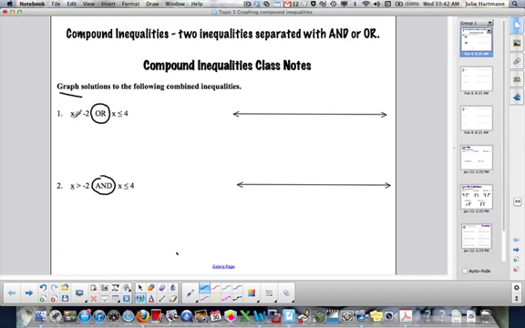Alright, so here, when we have x is greater than negative 2, let's look at what greater than negative 2 looks like. That's an open circle. Greater than is this way. Or less than or equal to 4, so now we have 4, less than or equal to means closed circle in this way. Now, if it is or, it's either here or here.